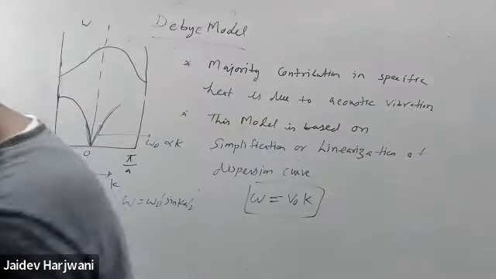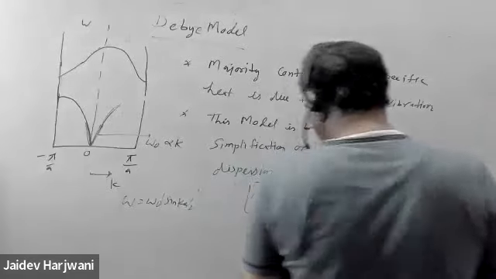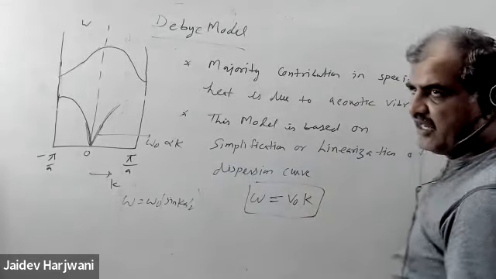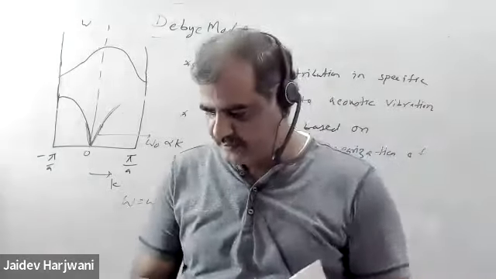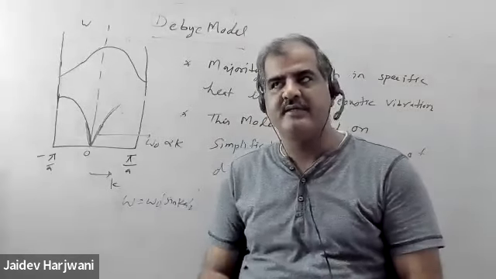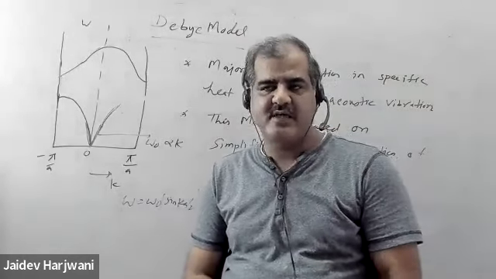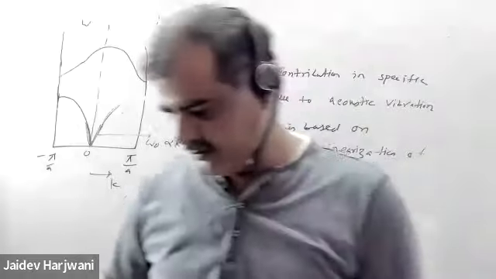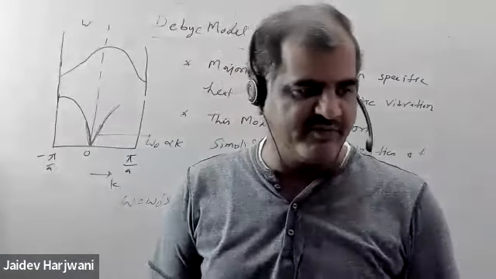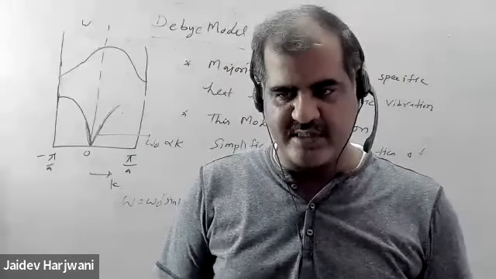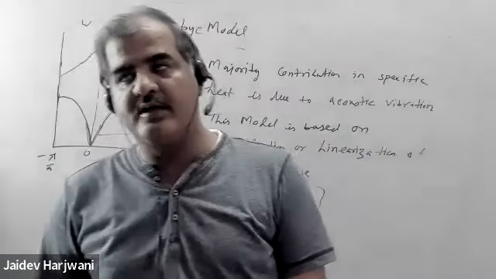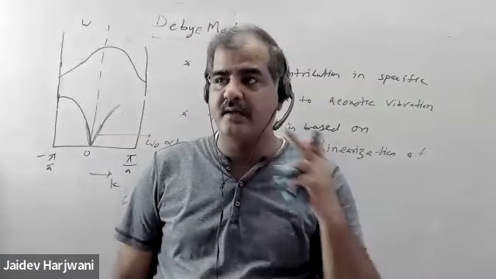Now suppose I have a 3-dimensional monoatomic solid. In that case, how many branches will I have? 3 will be there.